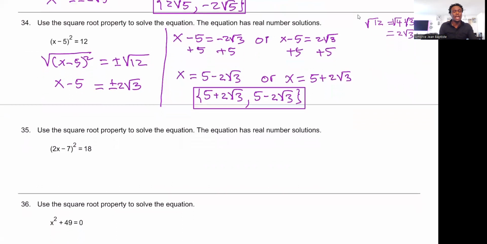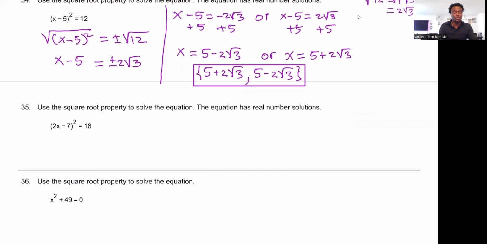All right, so same thing happened for the next problem here. You will need to take the square root of the first side, 2x minus 7 squared equals plus minus the square root of 18. Think about how you break down the 18 to get one perfect square and another one. So basically, the square root of 18 equals square root of 9 times square root of 2.